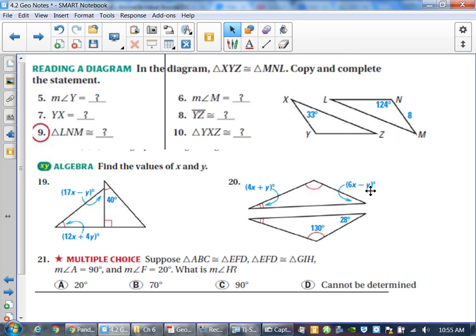And then I know that the other angle, 17x minus y, corresponds to the angle that does not have a tick mark on the right. So the triangle on the right has a 40-degree angle, a 90-degree angle, and what's left? 50. So this one has to equal 50.